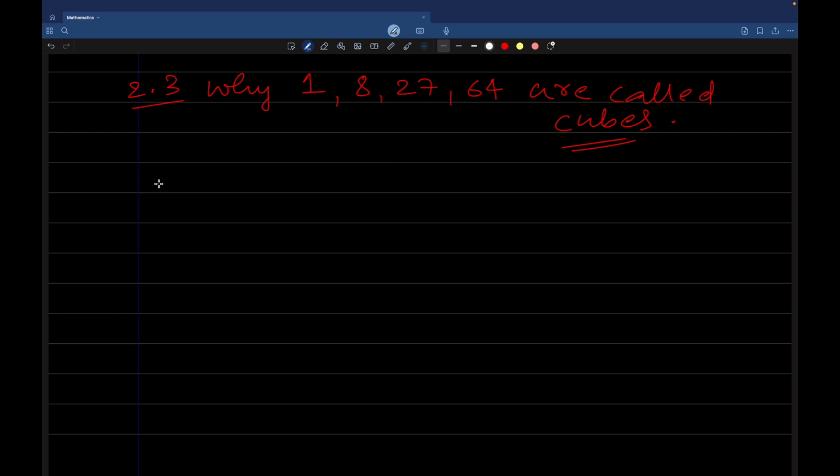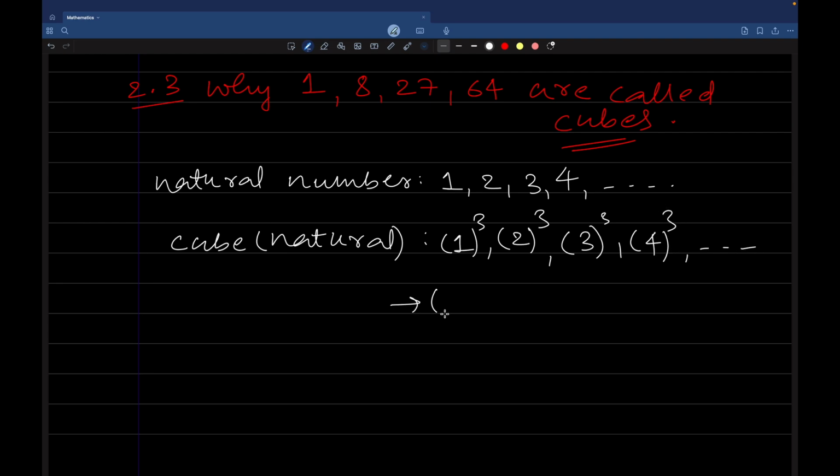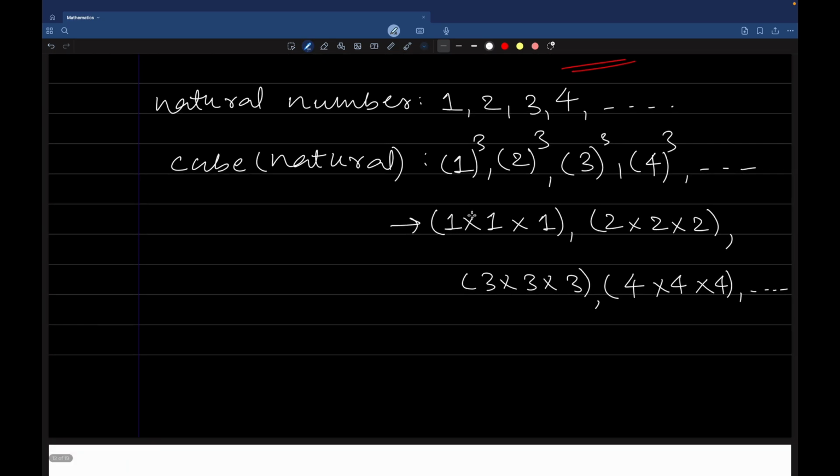If we take the natural numbers that start from 1, 2, 3, 4 and so on, if we cube each number, that is 1 cube, 2 cube, 3 cube, 4 cube and so on, that is 1 into 1 into 1, 2 into 2 into 2, 3 into 3 into 3, 4 into 4 into 4 and so on, we will get the cube numbers. But if you observe here, we are multiplying the same number thrice.